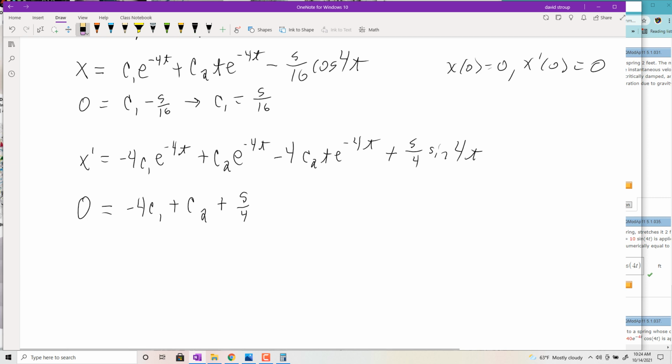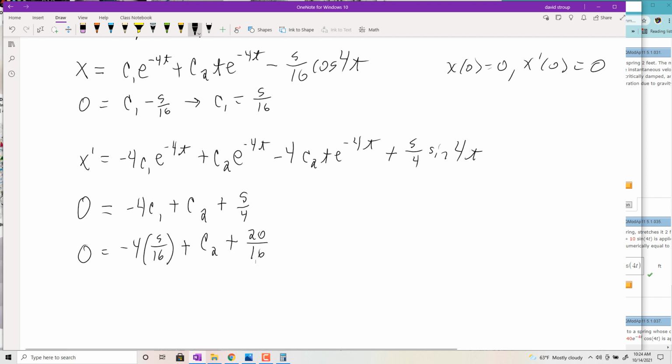So I have 0 equals negative 4 times 5/16 plus C2 plus 5/4, which is the same as 20/16. Now I'm getting C2 equals 0. Okay.